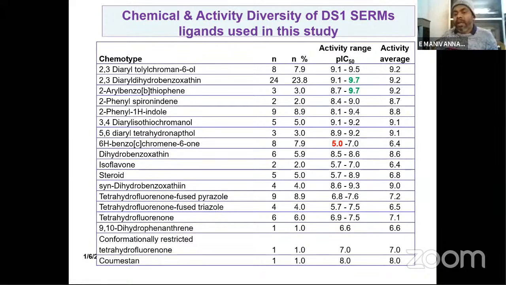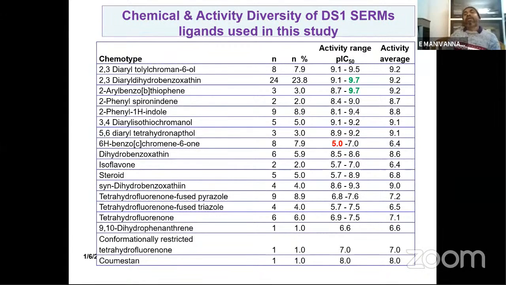That is, you require a large number of active molecules, a large pool of low active molecules, and then some inactive molecules: highly active molecules, low active molecules, and average active molecules. So this kind of pharmacological activity diversity is also required.